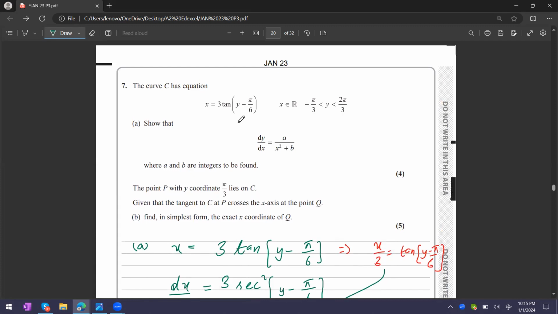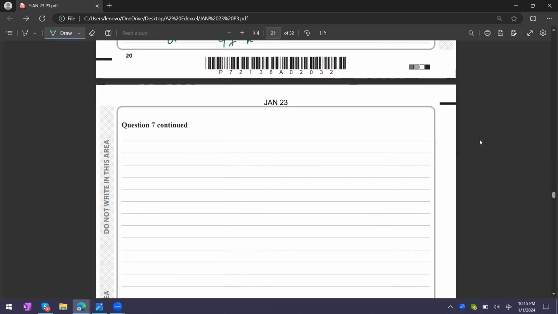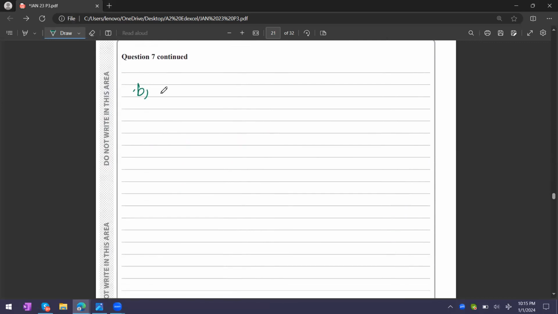We are going to put y is equal to pi by 3 here. x at P is equal to 3 tan of pi by 3 minus pi by 6.